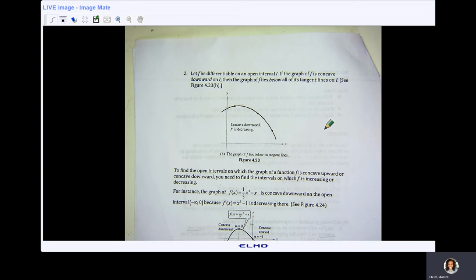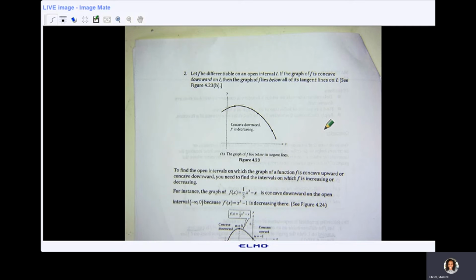All right, to find the open intervals on which the graph of a function f is concave upward or concave downward, we need to find the intervals on which f prime is increasing or decreasing. So what that means is we can find out where the first derivative is increasing or decreasing, and that can tell us what f is doing in reference to concavity, up or down.